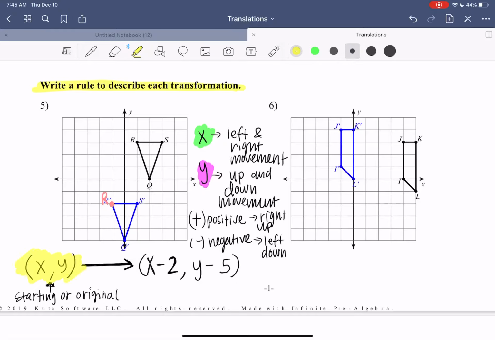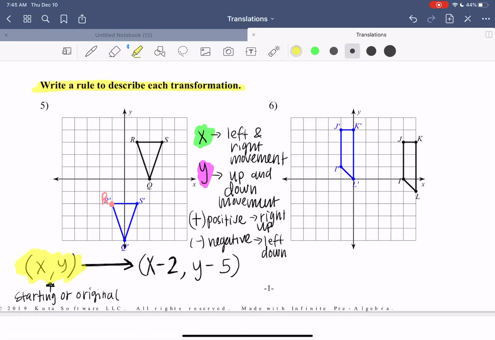It's a new language. Okay, now let's take our Q. So we've got our Q here, and let's do according to our rule. Again, on our x-axis, we're moving 2 to the left because negative is left. So let's take our Q and move it 2 to the left. 1, 2, and we're not quite there yet.